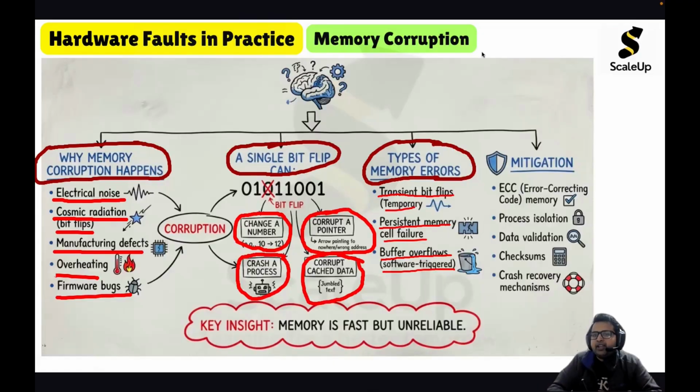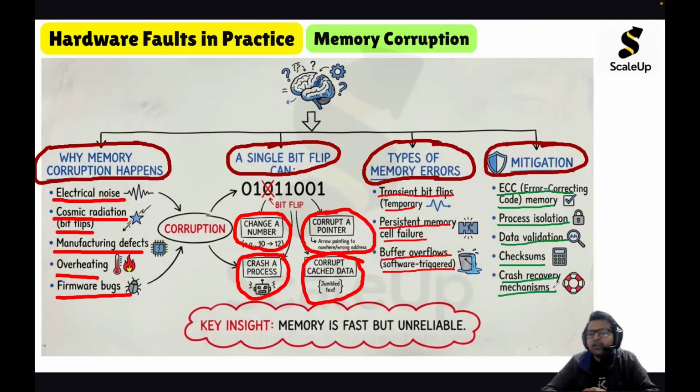Now, what are the mitigation strategies to avoid memory corruption? We can go for ECC, that is error correcting code memory, process isolation, data validation, checksums, and crash recovery mechanisms. So these are the mitigation strategies to deal with memory corruption. Now the key insight we should take away is that memory is fast but unreliable.